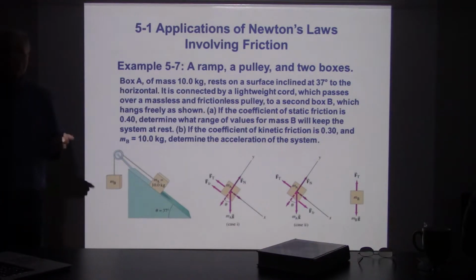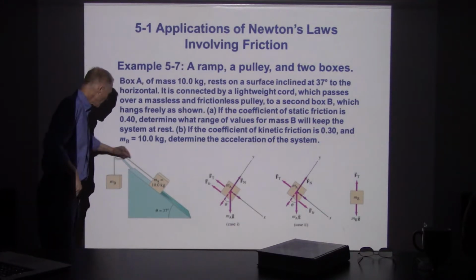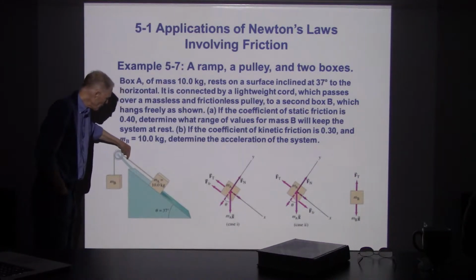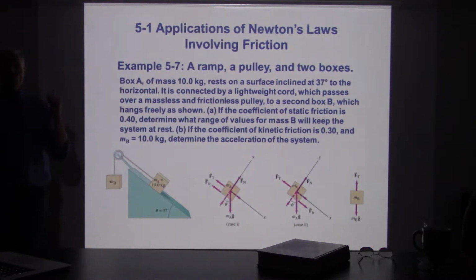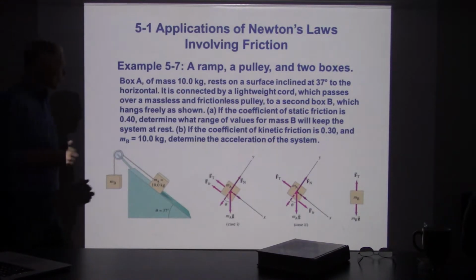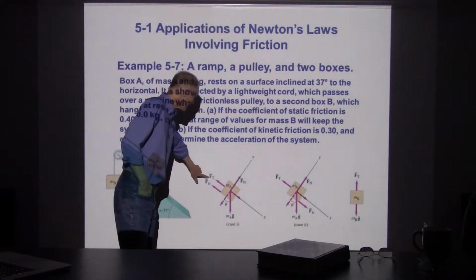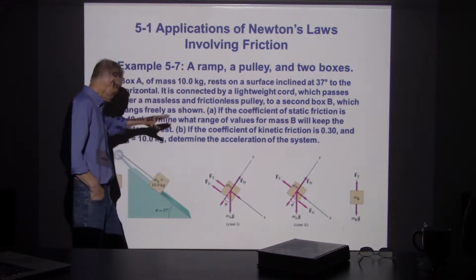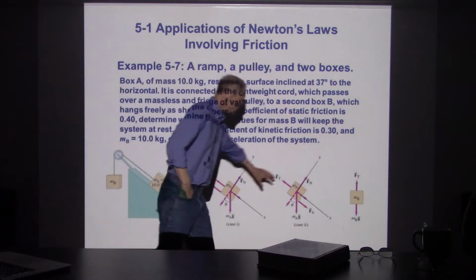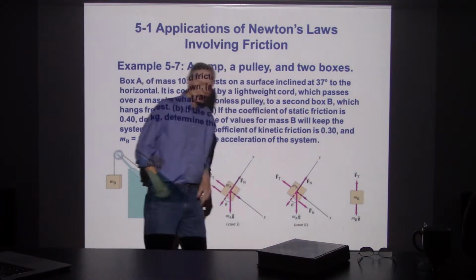If the value of MB is so large that the tendency would be for MB to create enough tension to pull the block upwards along the incline, well in that case I would need the static friction to prevent it from going uphill. So a low value of MB would give us a diagram like this. A high value of MB would give us a diagram like this.